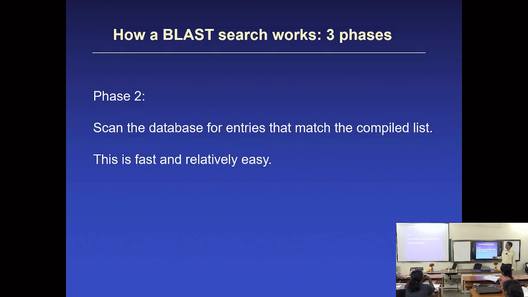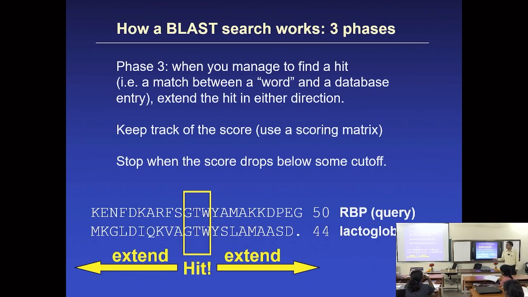When BLAST encounters these hits, GTW aligned with a GTW in the database, it will be a hit. Then BLAST extends the alignment in either direction, and it stops when the score for the alignment falls below a threshold. Remember, this is local alignment. So this is how BLAST works.